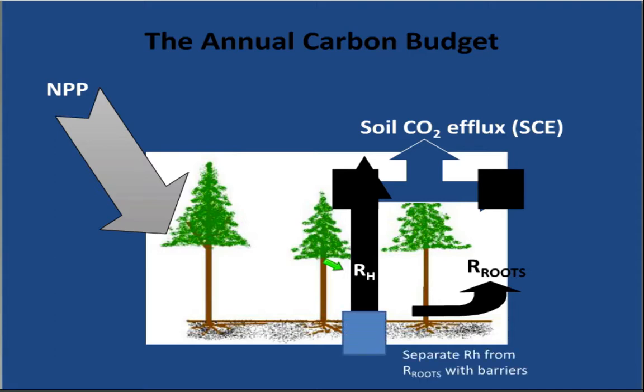Now there are many ways to try to separate RR from RH, but in PINEMAP what we decided to do is install barriers that do not allow root growth into an area of soil, and we measure, using infrared gas analyzers, the amount of heterotrophic respiration coming out of this secluded area. We also measure it in areas where there is not a barrier placed.